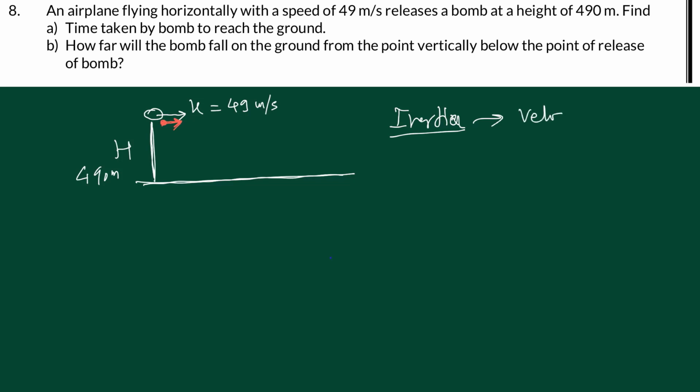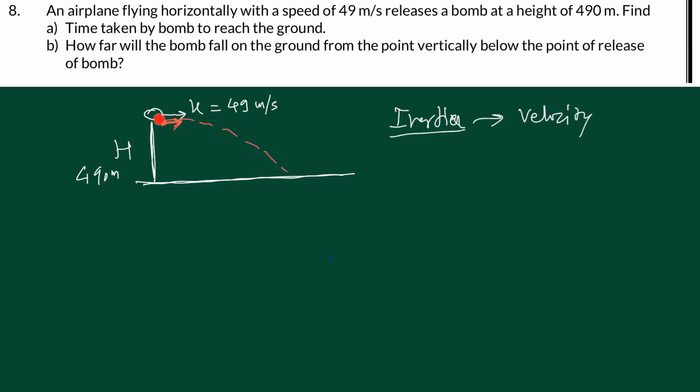So immediately after release of the bomb, its velocity is 49 meter per second, or speed is 49 meter per second, and direction is horizontal, same as that of the plane. So again I am repeating, due to inertia, velocity is equal, never acceleration. The word is velocity, so magnitude as well as direction. Subsequent motion of this bomb is projectile.